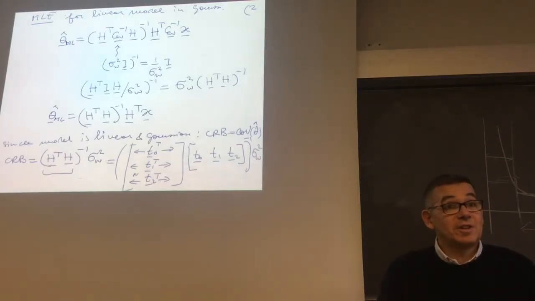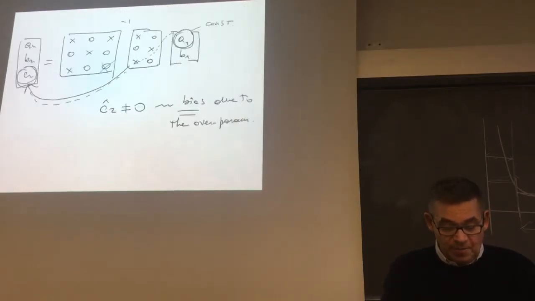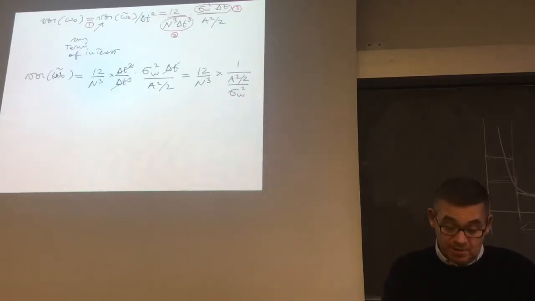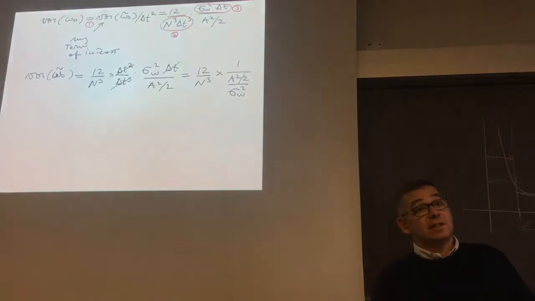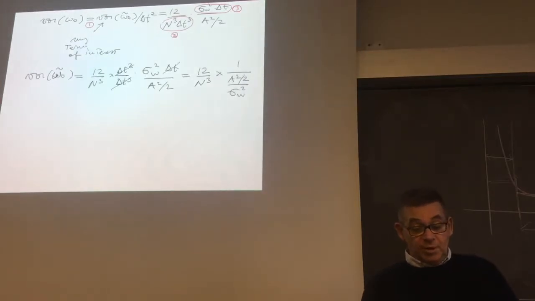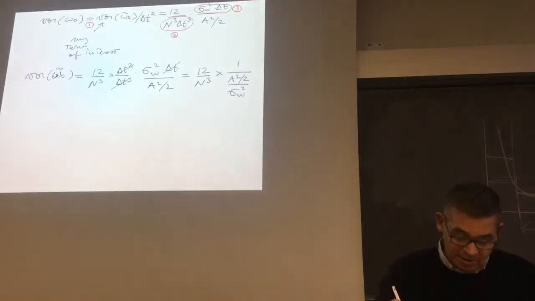Can you look for the formula for the variance of the frequency of a sinusoid in the discrete case? Should be this. Anyway, we will see that. Okay. Check.